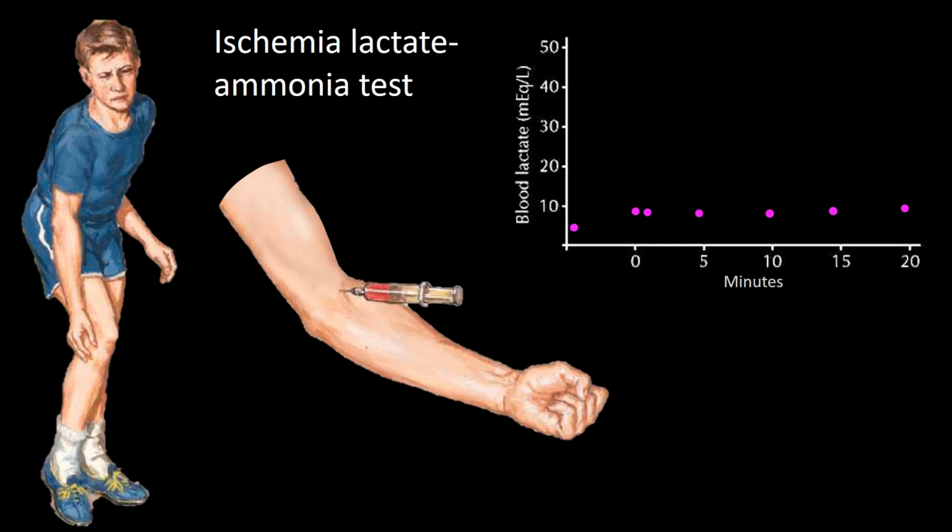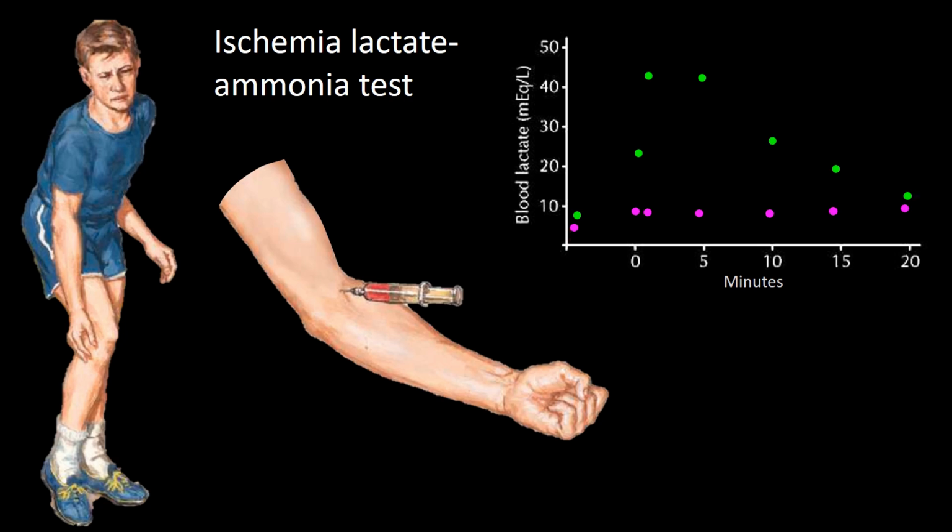Then the cuff is removed and blood is drawn immediately after the exercise, 1 minute later, then 4 minutes later, and from then on at 5 minute intervals for a total of 4 or 5 times. In patients with McArdle disease, there will not be a rise in lactate.